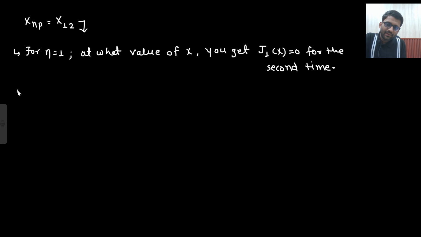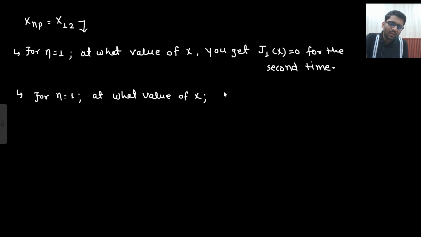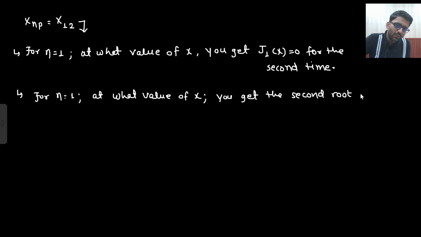Or this is the first way: for n equals 1, at what value of x do you get the second root of J1(x) equals 0?